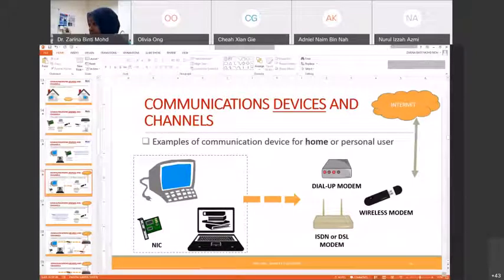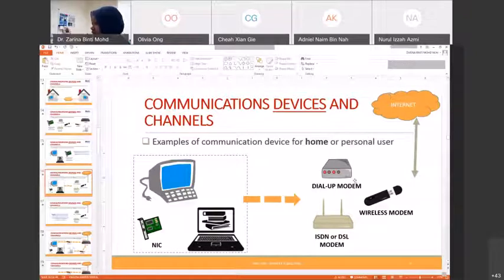If we look at this connection for home or personal users connecting to the internet, what the user needs is a modem, to enable the data from the devices to be sent through the telephone lines to the internet.